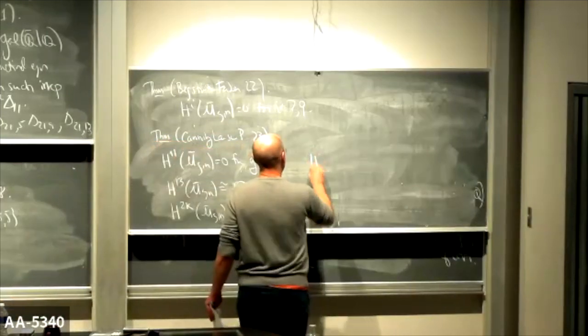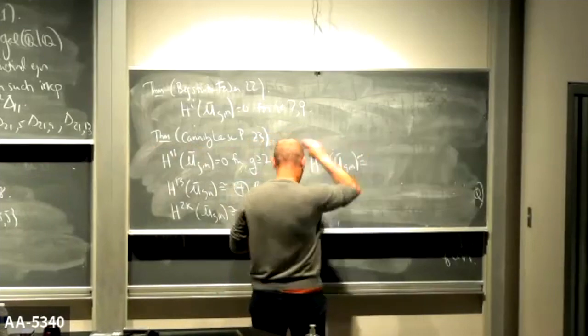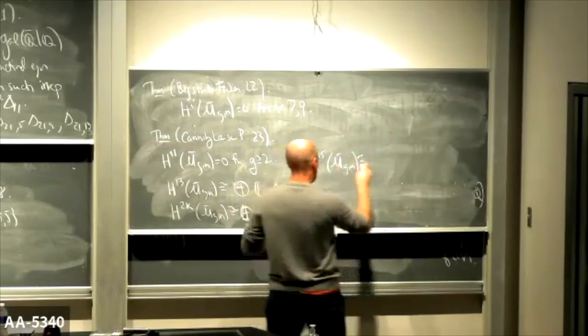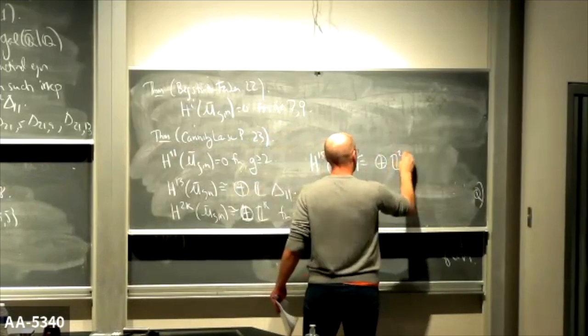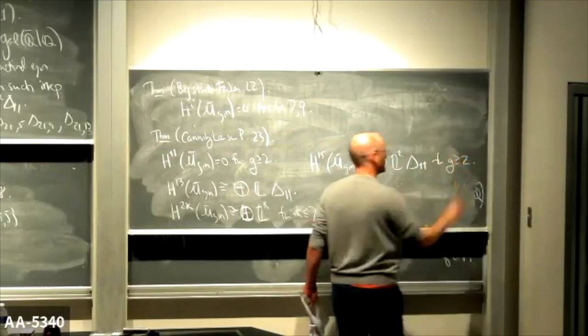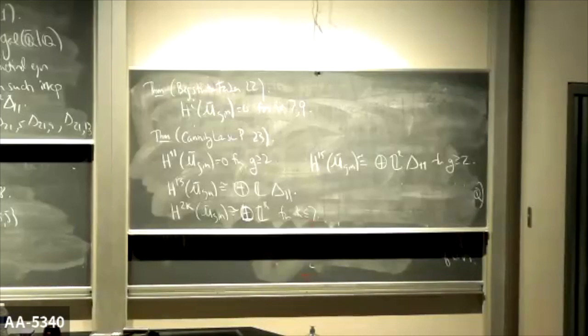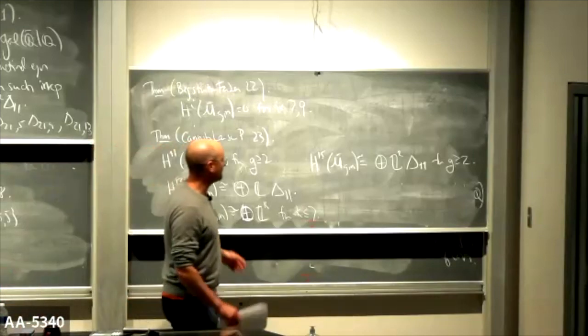And H^15 of M_{g,n} bar is a direct sum of Tate twists of delta 11. And here again, you need g at least 2. So when g is equal to 1, you do get copies of delta 15 as well, but those don't propagate in higher genus. They only live in genus 1.